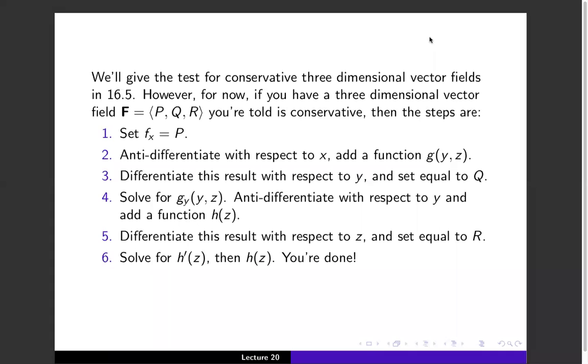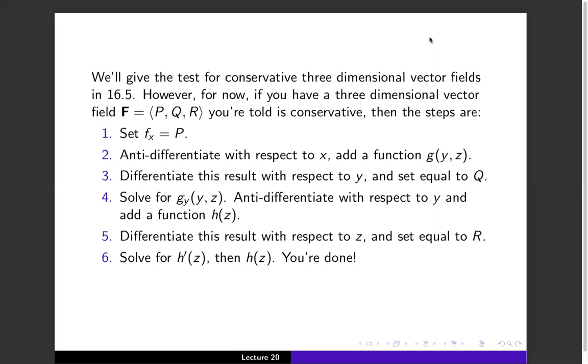So the strategy for finding the anti-gradient of a three-dimensional vector field that you know is conservative is pretty much the same thing we just did, right? You set f_x equal to P, anti-differentiate with respect to x, and then you add a function g of y,z, differentiate that with respect to y, and set that to Q. Solve for g of y,z, anti-differentiate with respect to y, and add a function h of z.